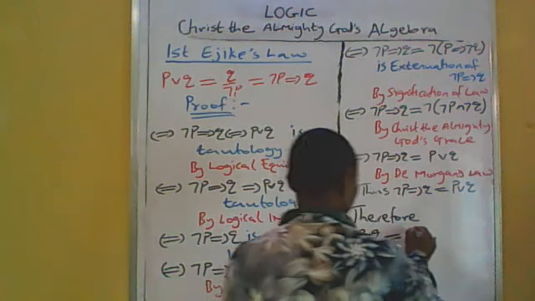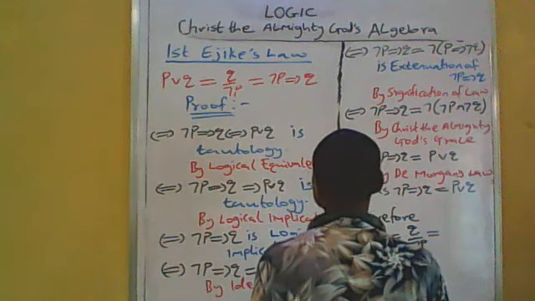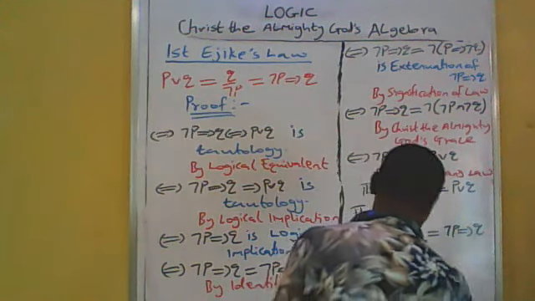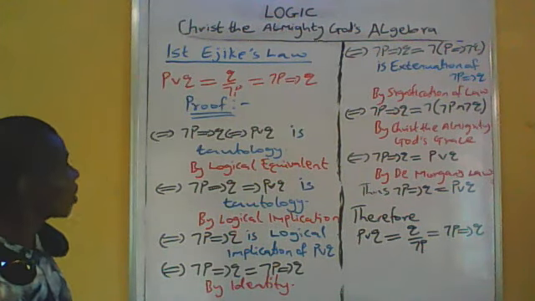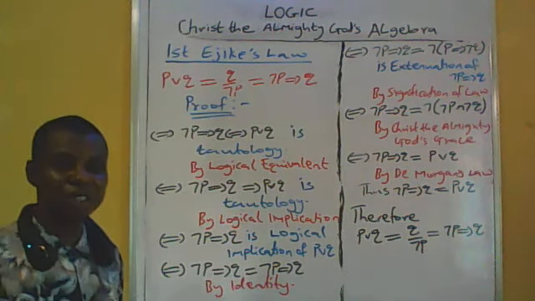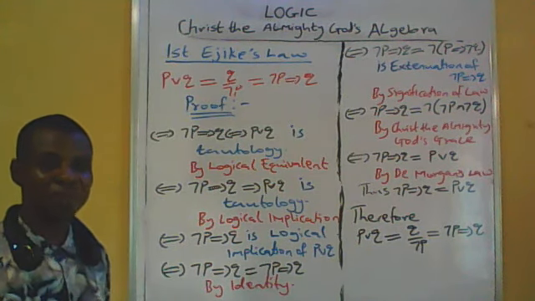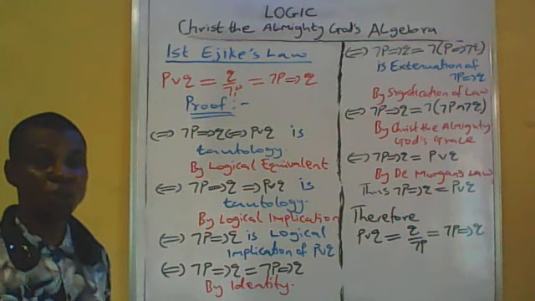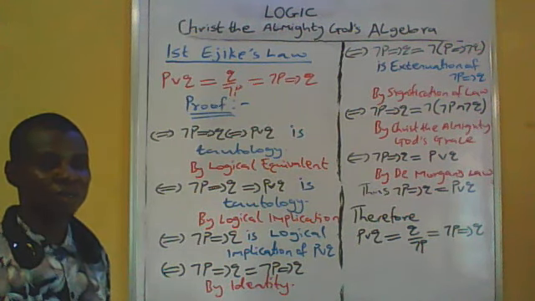You have Q upon not P is equal to not P implies Q. That is first Ejike's law. We have now proved that first Ejike's law exists. So P or Q is equal to Q upon not P is equal to not P implies Q. Thank you, viewers.